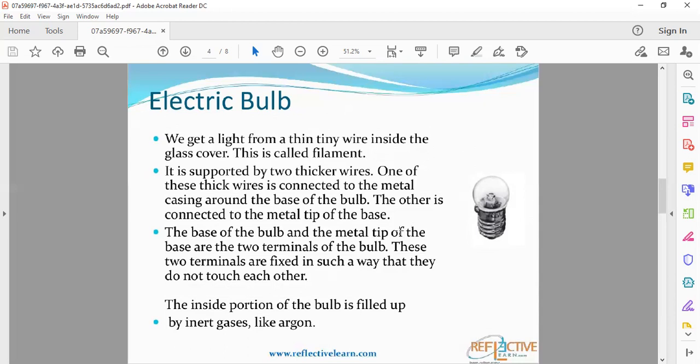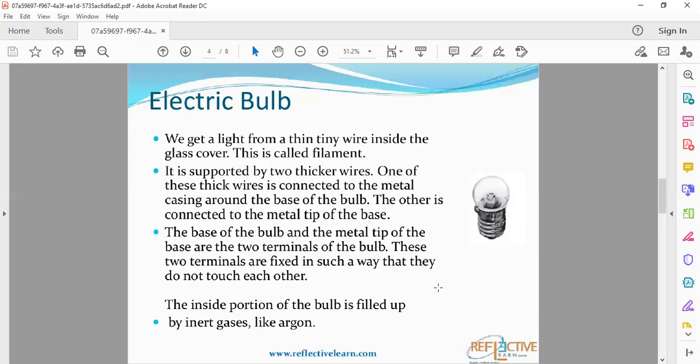The base of the bulb and the metal tip of the base are the two terminals of the bulb. These two terminals are fixed in such a way that they do not touch each other. And the glass portion of the bulb is filled with inert gases like argon.